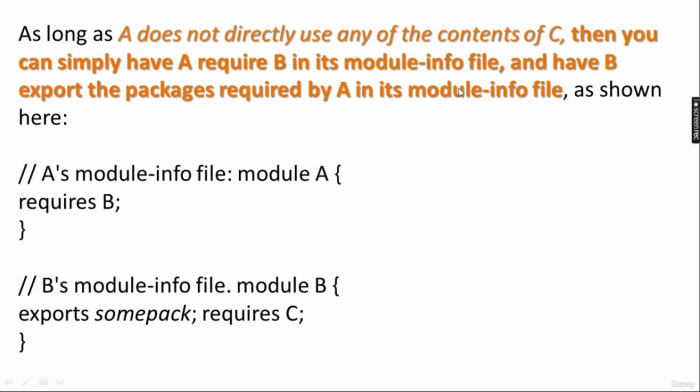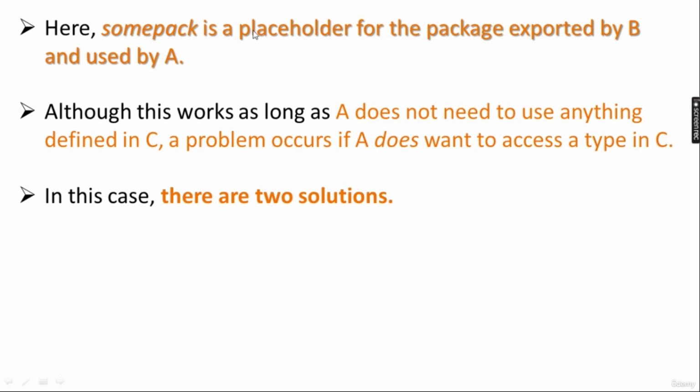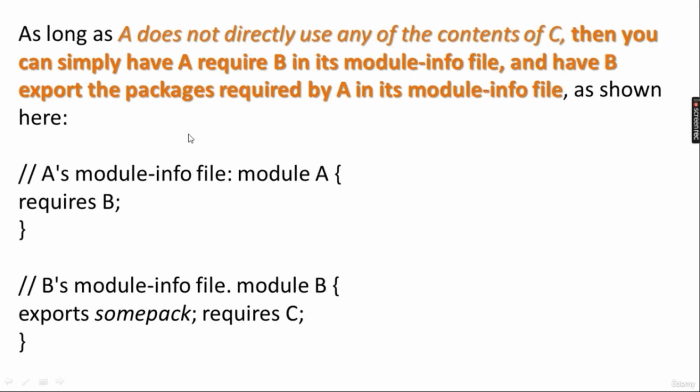Module A requires B, and module B exports some package and requires C. Some package is a placeholder for the package exported by B and used by A, because A is requiring B, and whatever package is required by A will be exported by module B, and B is requiring C.